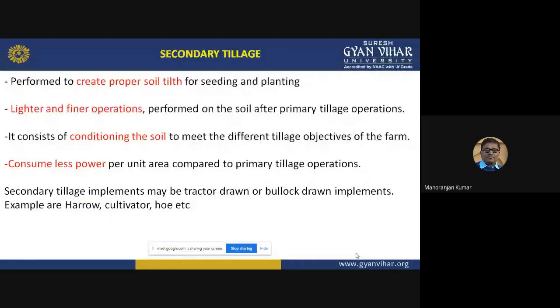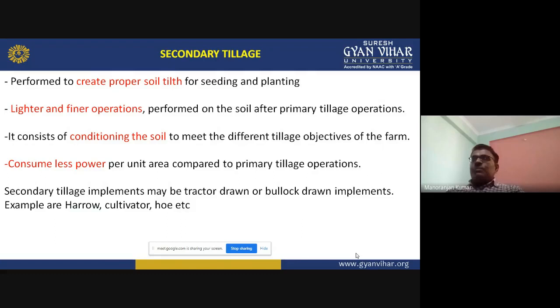Secondary tillage operations are the tillage operations which are performed after the primary tillage operation. Generally, these operations are performed to create proper soil tilth for seeding and planting purposes. This is a lighter operation, and also a finer operation. It is performed on the soil after the primary tillage operation.